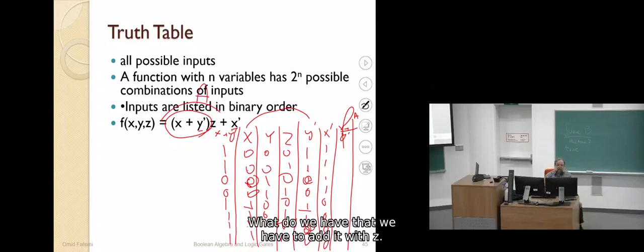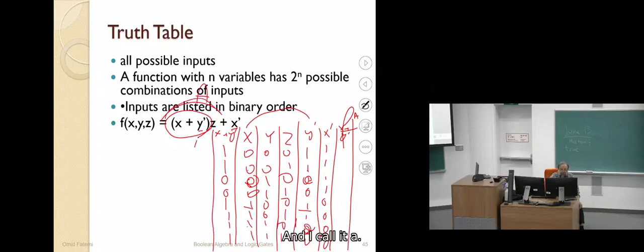What do we have? Then we have to AND it with z. So now we have to AND this with z. This operation, AND with z, I call it A. So what is A? This one AND with this one. 1 and 0 is 0. 1 and z is 1. 0, 0 is 0.